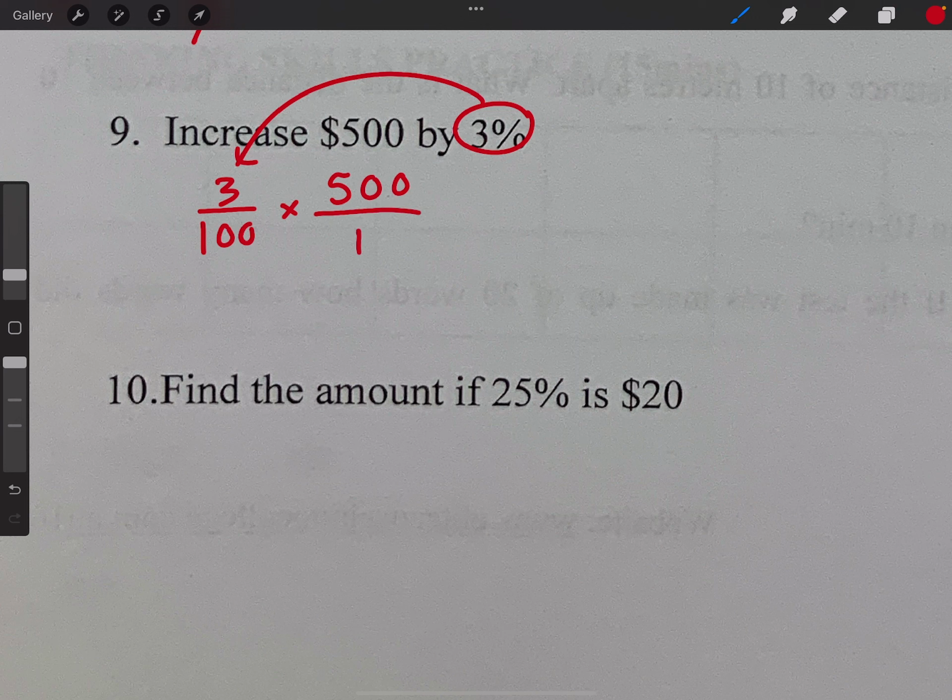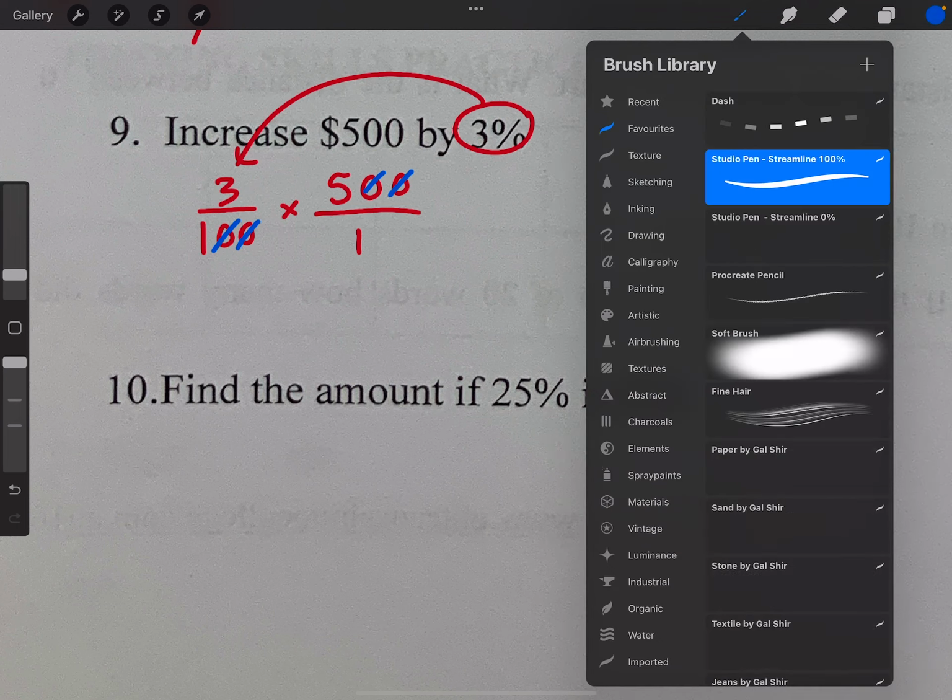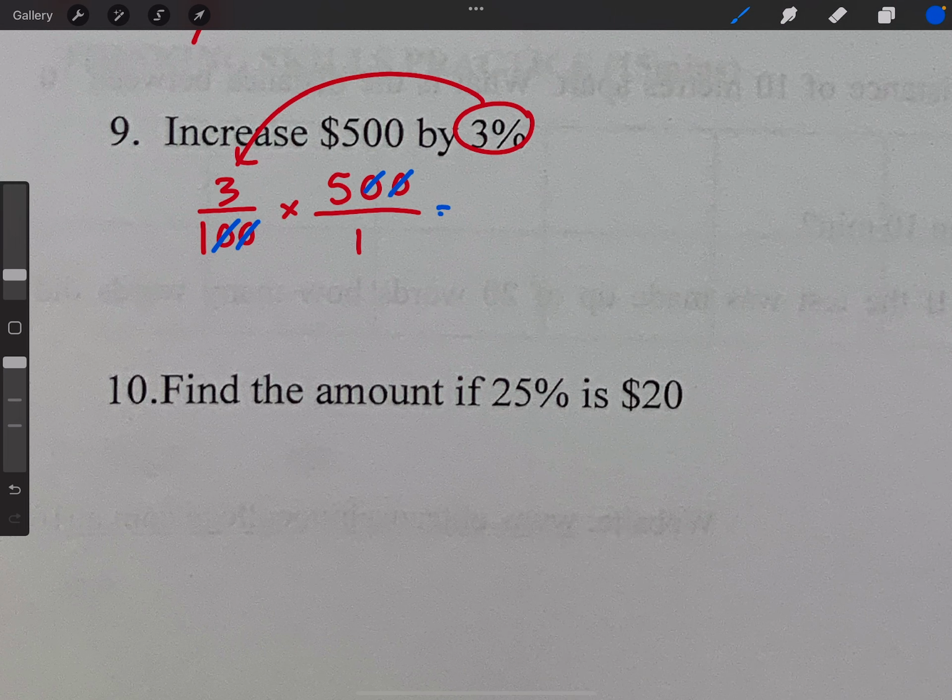We can cross out the zeros. 1 from the top, 1 from the bottom, 1 from the top, 1 from the bottom. So 3% is going to be 3 times 5, that's $15. It says increase, so you gotta do 500 plus the $15 and get the answer.